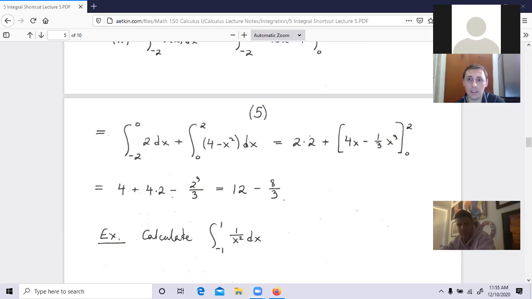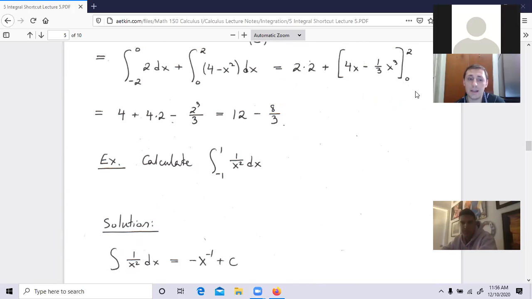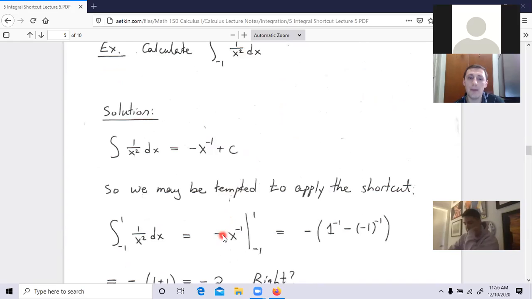Okay, let's look at this. Let's see the shortcut. The indefinite integral of 1 over x squared is the integral of x to the minus 2, which is minus x to the minus 1. If I apply the shortcut, it is minus x to the minus 1 from -1 to 1. Factoring out the minus, it's minus 1 to the minus 1 minus minus 1 to the minus 1.